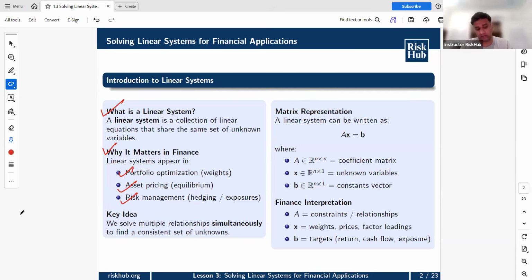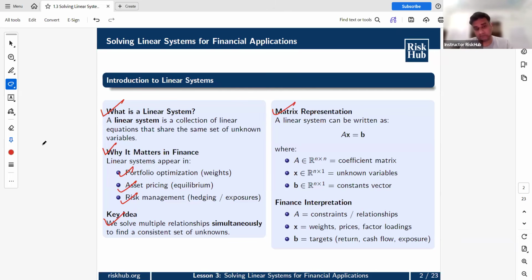Now Treasury asks how much hedge is required. That becomes a system because one hedge instrument affects multiple risks simultaneously. For example, an interest rate swap may affect your DV01, convexity, funding, liquidity, collateral. Again, linear relationships, and then we have to do it by matrix multiplication, matrix representation.